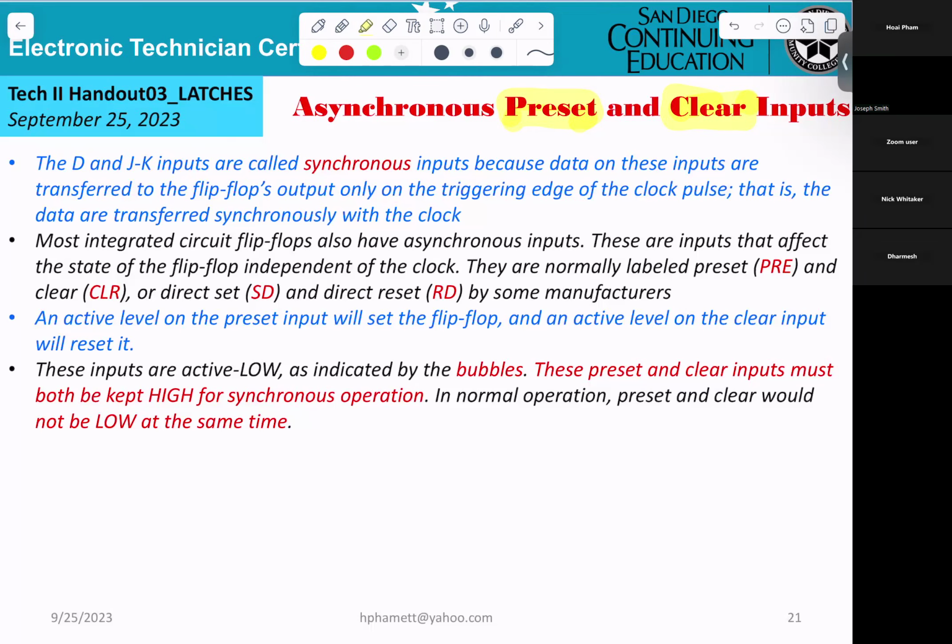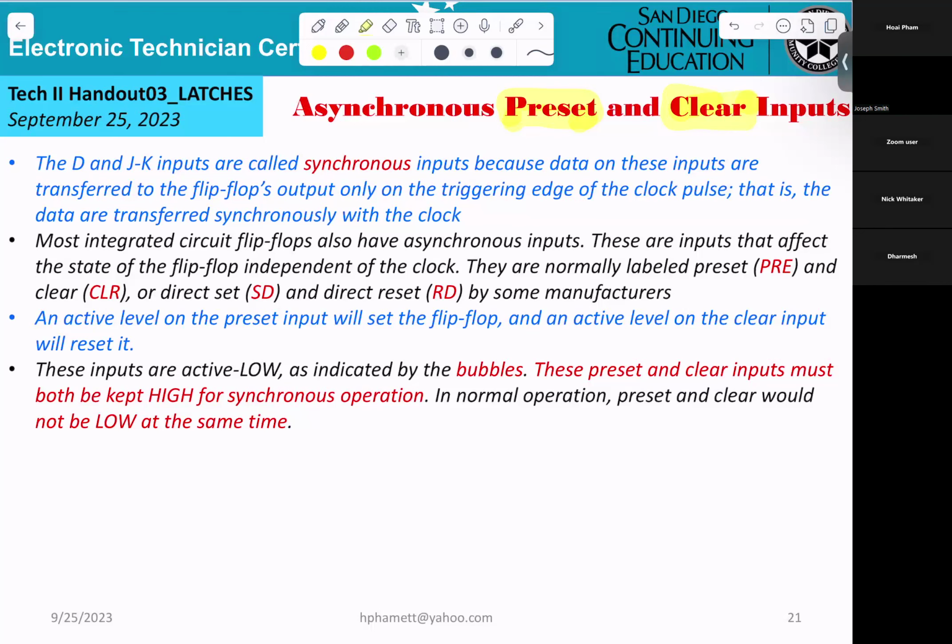However, sometimes for some flip-flop inside the computer, you want the output to be a logic 1 and you don't care about the clock anymore. Then you set the active preset. Or if you want the output of the flip-flop to be 0 no matter what, then you use the clear. That is a very important input.